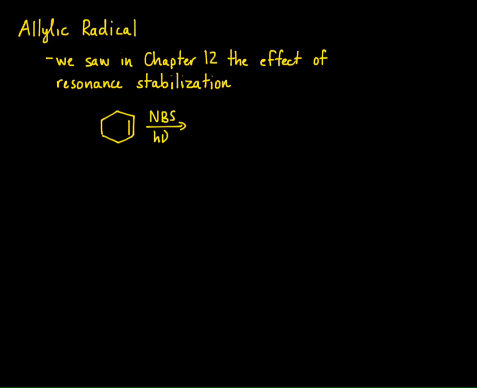Remember, NBS produces a small amount of bromine, and that bromine then dissociates in the presence of light to give you bromine radicals, and that bromine radical then abstracts a hydrogen. And we see that the allylic hydrogen is the only one that is abstracted, which leads to the formation of the allylic bromide. And so this is via radical formation, which can be stabilized through resonance.